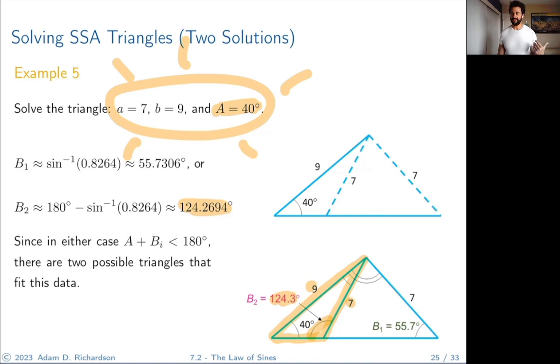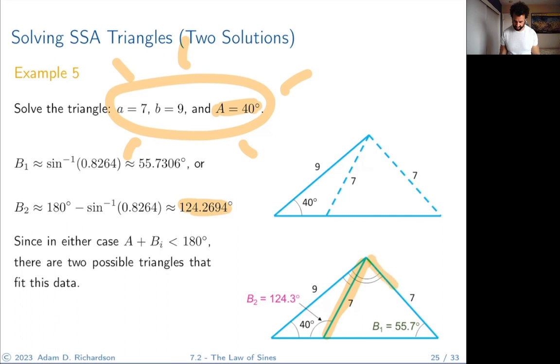The first example was essentially showing us that whatever this side length is, if it's too short, you don't get a triangle. If it's exactly long enough, you'll get a single right triangle. If it happens to be a little bit longer than that, then there's two possibilities.